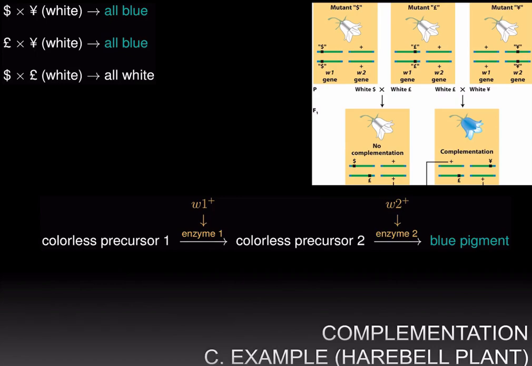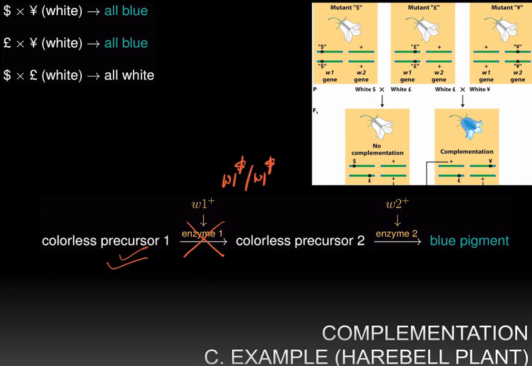If in the dollar mutant, you are W1 dollar over W1 dollar, and therefore this step is blocked because there is no wild type allele W1 plus to make the enzyme, and therefore you are stuck at the first colorless precursor stage, and the flower is white.